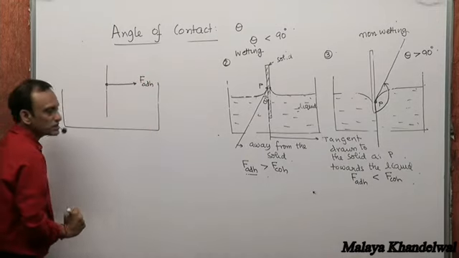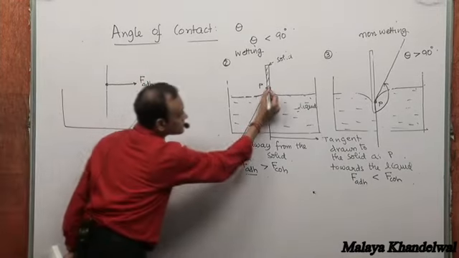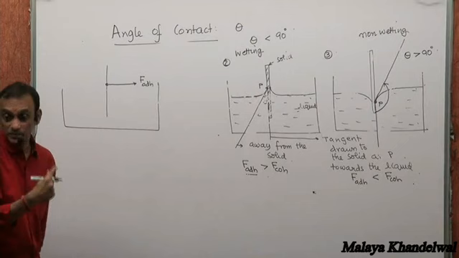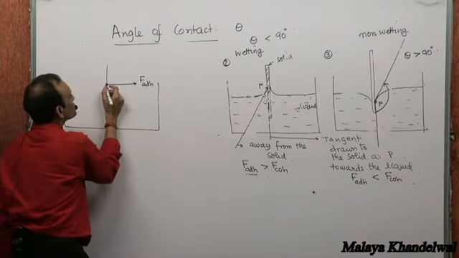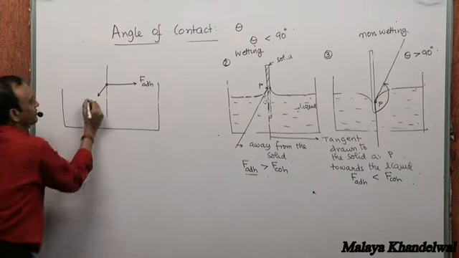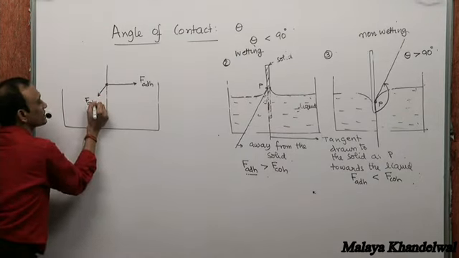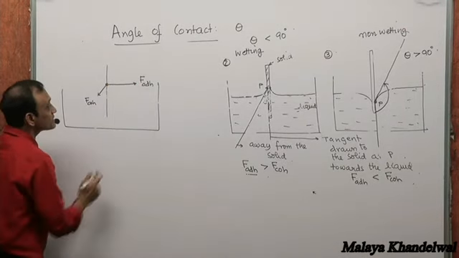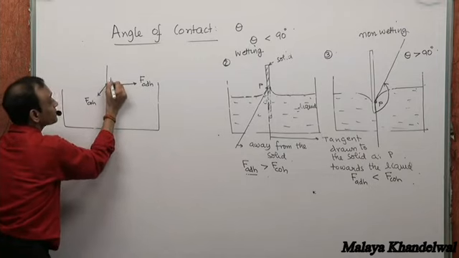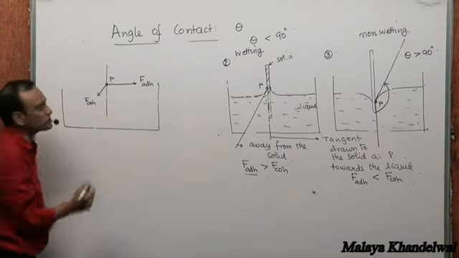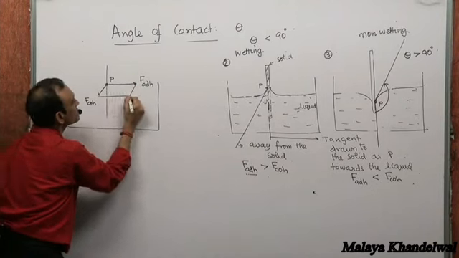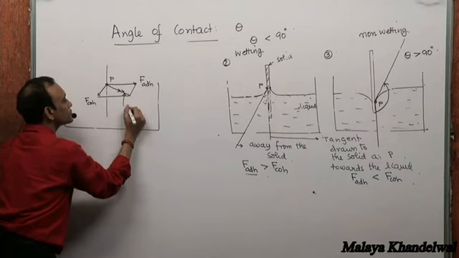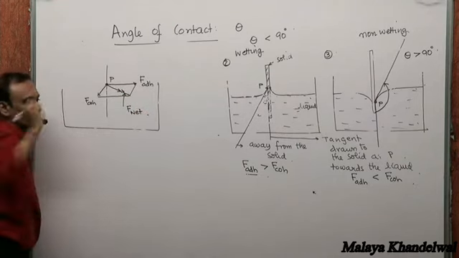And because of its neighboring liquid particles, it will experience cohesion, and the cohesive forces are less. Vectorially representing cohesive forces like this, this length is smaller than this length. The net force acting on this particle P would be the vector sum of these two adhesive and cohesive forces. So it's going to be like this. That's the net force on the particle at P.